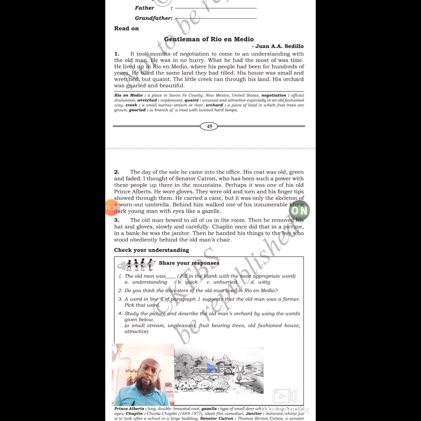Rio in Medio is one of the places of New Mexico, which is found in America. Basically, Don Anselmo is a Spanish person who has settled in America. First point, he is the key person in this chapter, in the sense that he has the major role in this story.